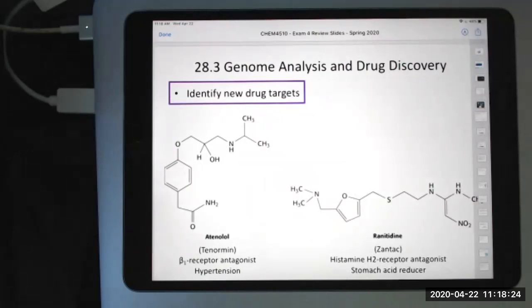One of the things that comes out of the Human Genome Project and the genomes of other organisms is that you can compare, within human populations, those that are sick versus those that aren't.